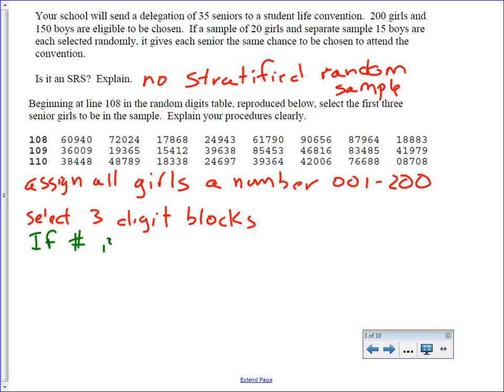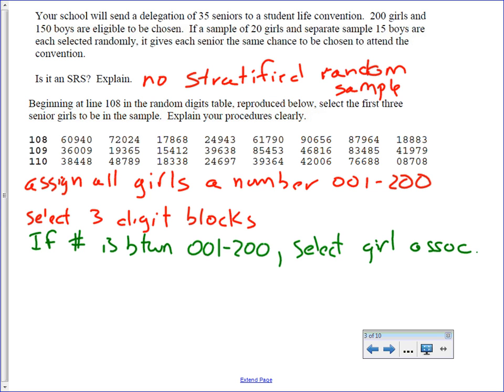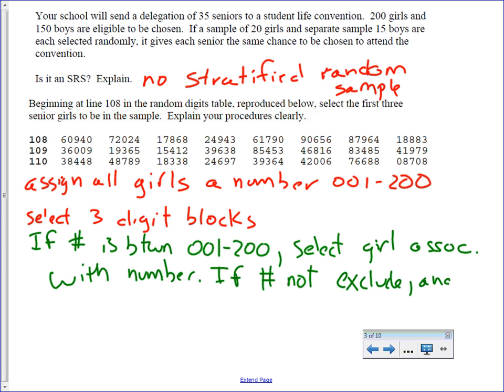If the number is between 001 and 200, select the girl associated with that number. If the number is not, exclude it and keep going.